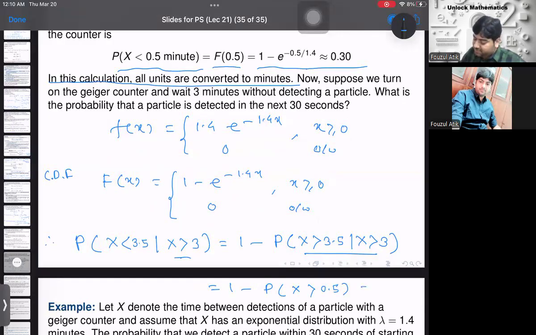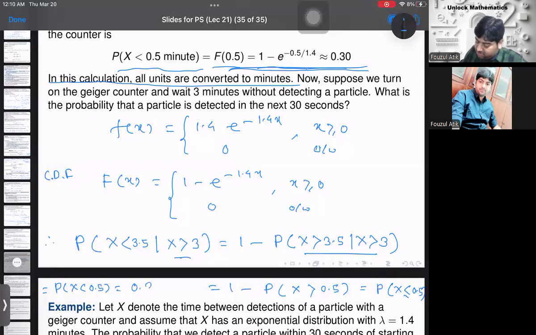Now 1 minus P of X greater than 0.5 is actually P of X less than or equal to 0.5. And P of X less than or equal to and P of X less than are the same, we know, and this value is already given here, already calculated. We can also calculate it, but it is already given. So this is actually equal to P of X less than 0.5, which is already calculated in the question.